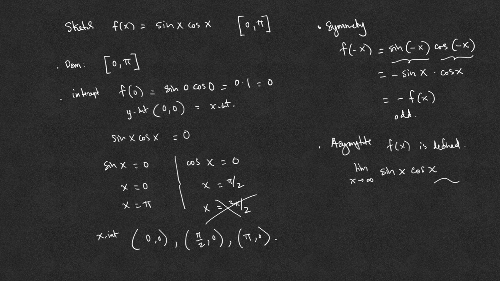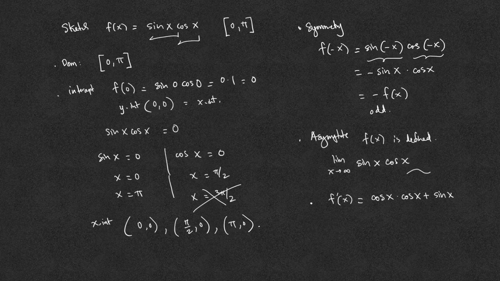To find the intervals where the function is increasing or decreasing, we would need to know the first derivative. Using the product rule, we have two factors here, sine of x and cosine of x. The derivative of sine of x is cosine of x times the second factor, plus we keep the first factor and multiply by the derivative of the second factor.